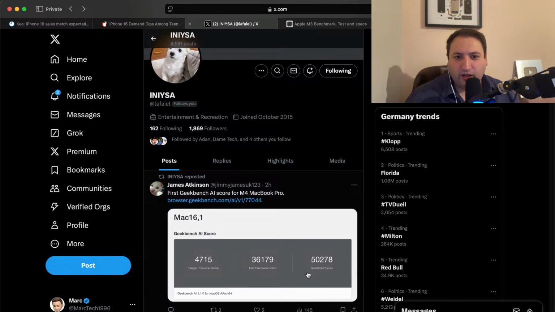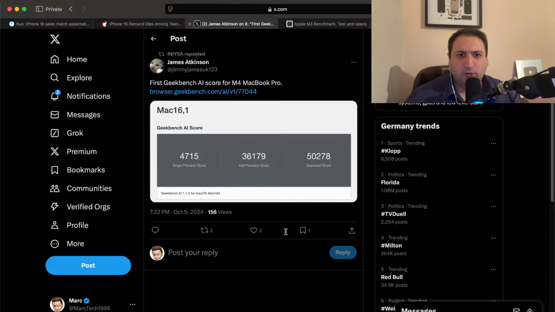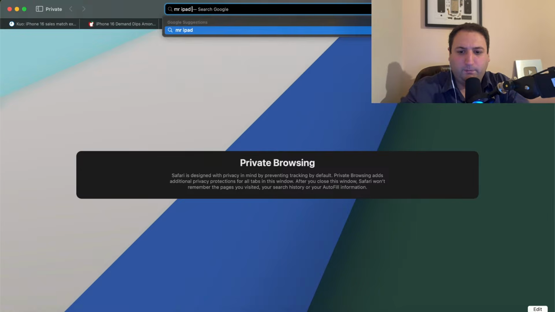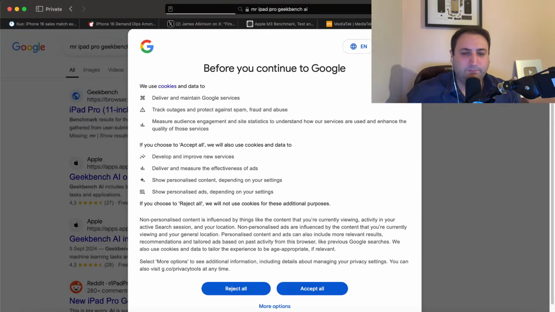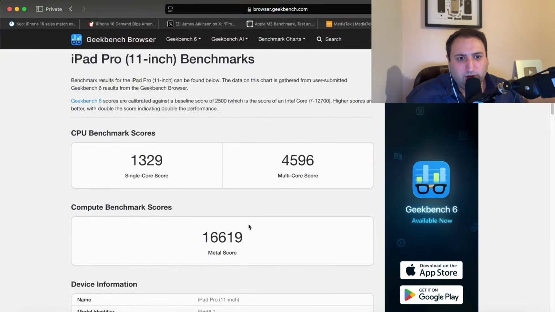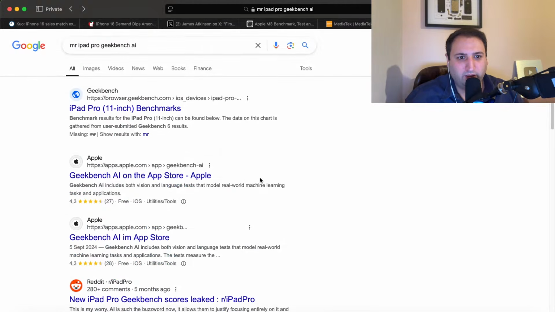These results are higher than, I believe, on the M4 iPad Pro. Let me look into that. M4 iPad Pro, Geekbench AI. Those are compute scores, obviously still monumental single core results here.